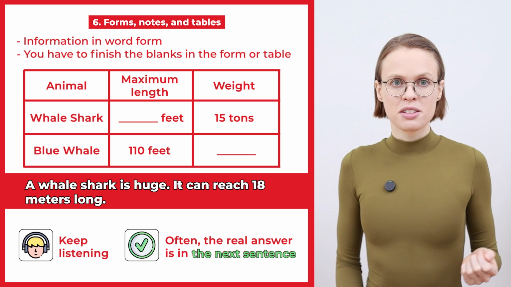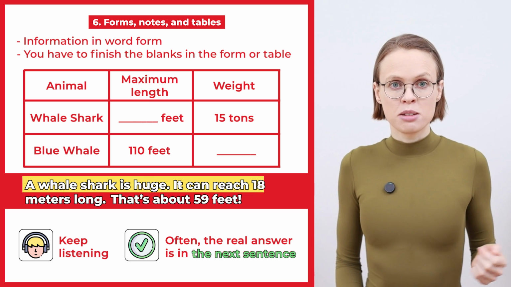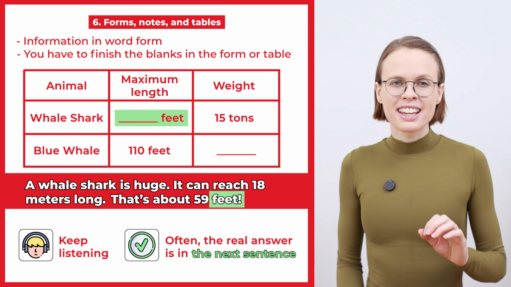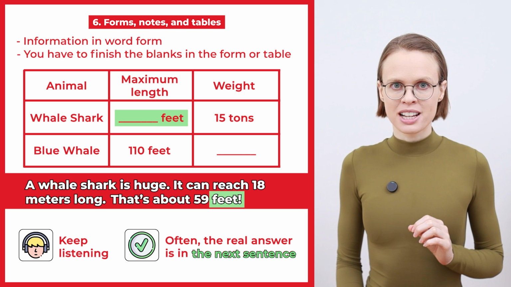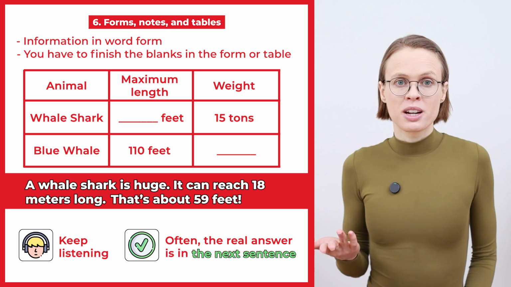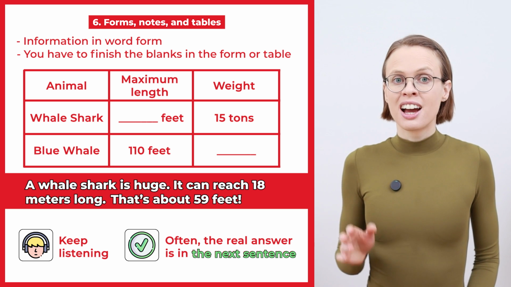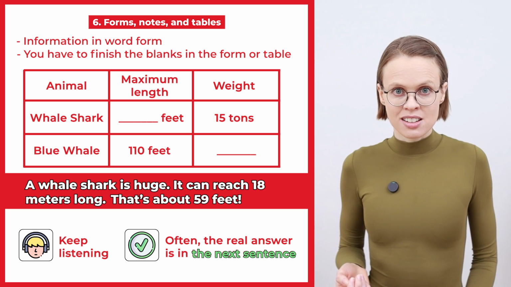For example, here the speaker might say, "A whale shark is huge. It can reach 18 meters long. That's about 59 feet." So wait until you have listened to all the information that is relevant to the question. Sometimes these questions have a list of answers to fill in the blanks with. Other times, the questions will require you to listen for the correct answer.